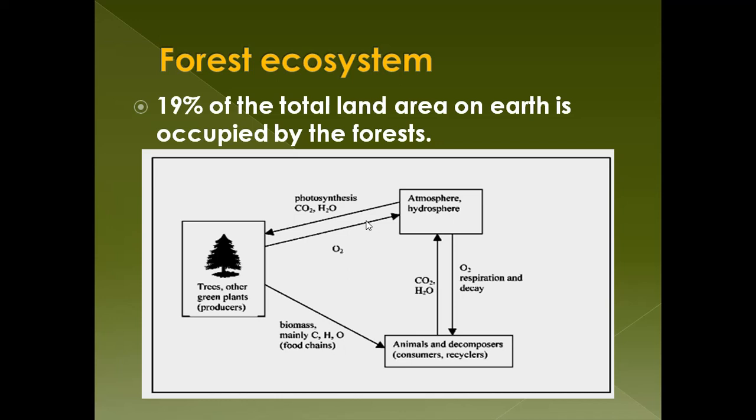And all these animals, the consumer section, actually release carbon dioxide and water vapors into the atmosphere, and they take up oxygen during their respiration from the atmosphere. As well as the recyclers or decomposers need more and more oxygen for their function, that is decomposition of the dead organic matter.